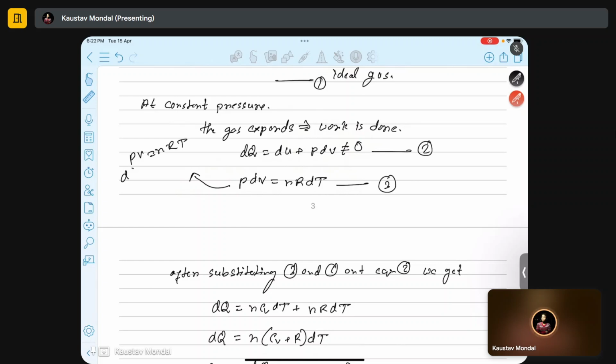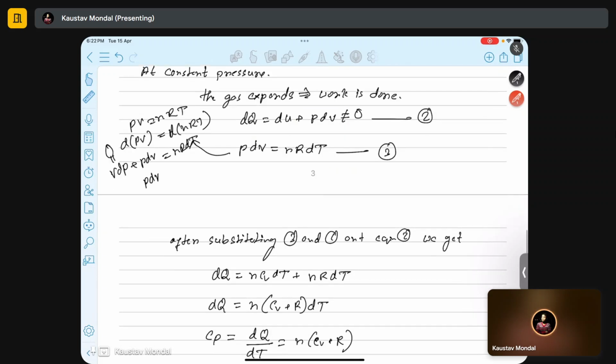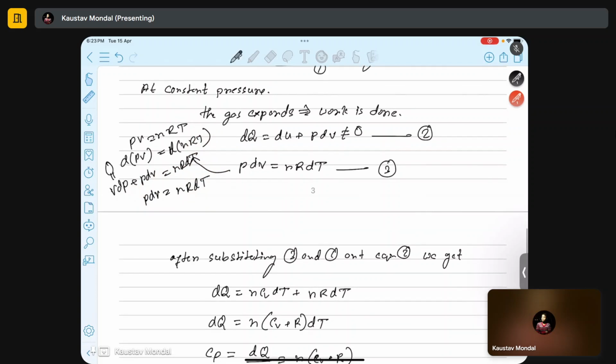If we take the derivative on both sides, this gives VdP plus PdV equal to nR dT. Here as the pressure is constant, the VdP term is 0. This gives PdV equal to nR dT. On the right hand side, n and R are constant, so the only thing that changes is the T term. So we got PdV equal to nR dT.